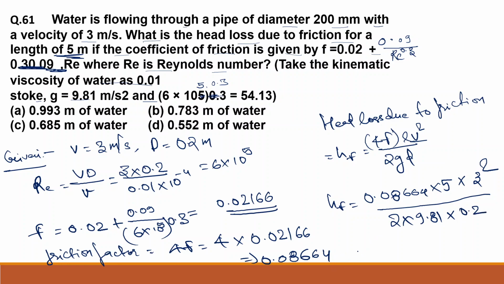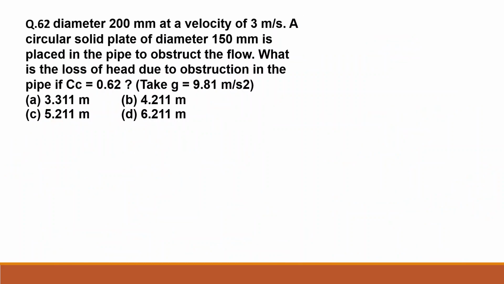By solving we get the head loss due to friction is equal to 0.0993 meter. This is the answer, and the answer will be option A, 0.0993 meter of water. Okay, we will move to the next question, number 62.